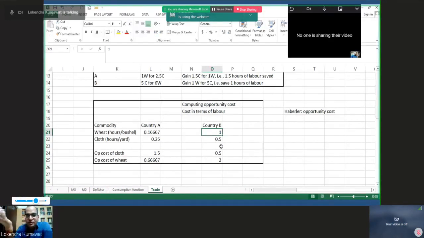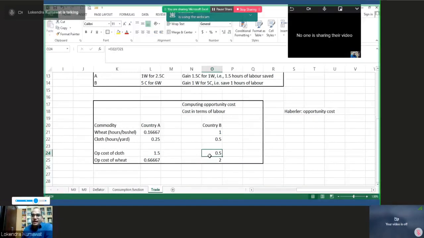In terms of cloth, the resources required to produce 1 unit of cloth can produce only half a unit of wheat in country B. Another way to interpret this is that the amount of wheat that you will have to forego to produce 1 unit of cloth is 1.5 in country A, but only 0.5 in country B.